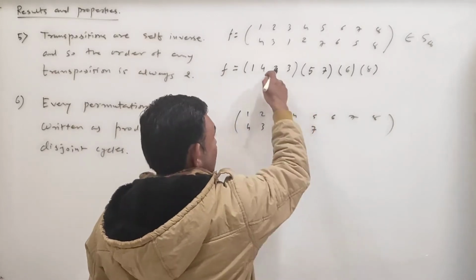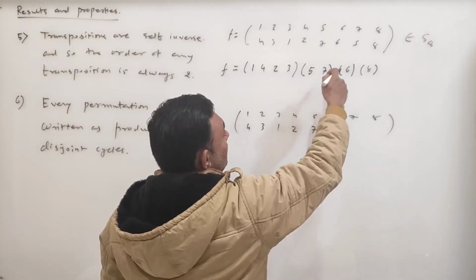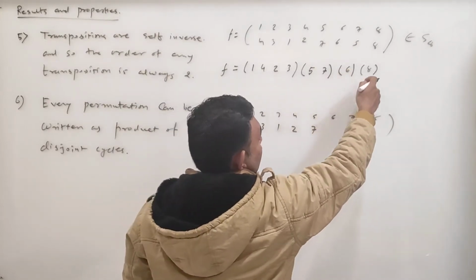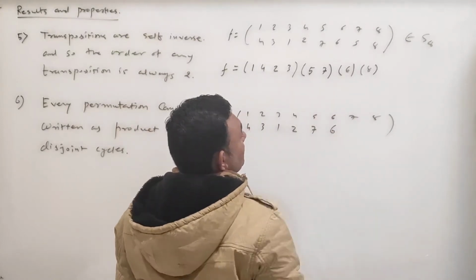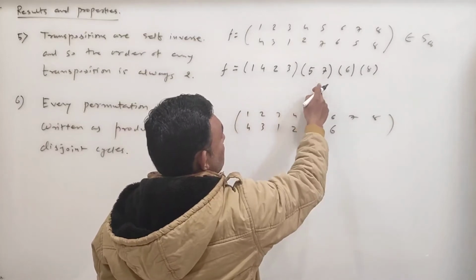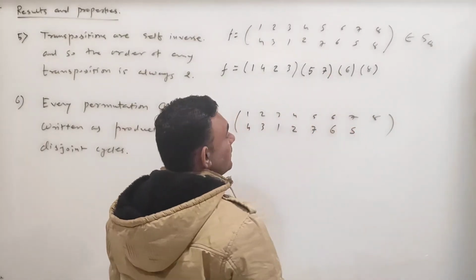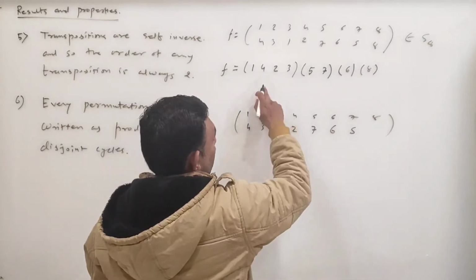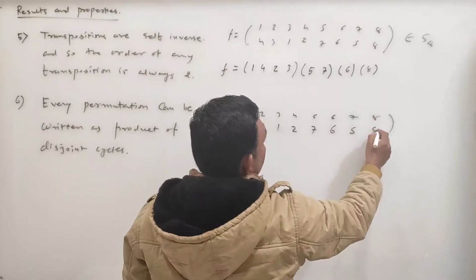Now 6, 6 goes to 6, and here 6 goes to 6. Now 7, 7 goes to 7, 7 goes to 5, 5 goes to 5. And for 8, 8 goes to 8 throughout.